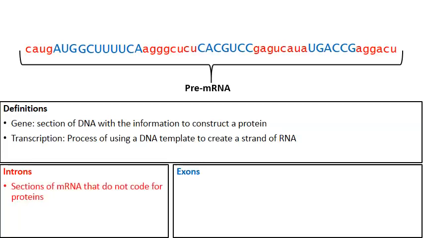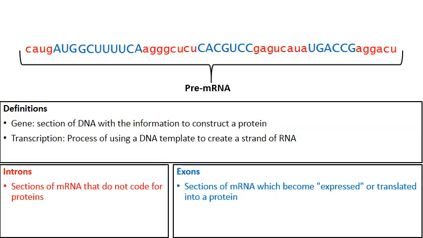And so now we're getting into what introns are. Introns are sections of RNA that do not code for a protein. Therefore, exons are the sections of RNA which will code for a protein. These are sections of RNA that will become expressed and translated into a protein.